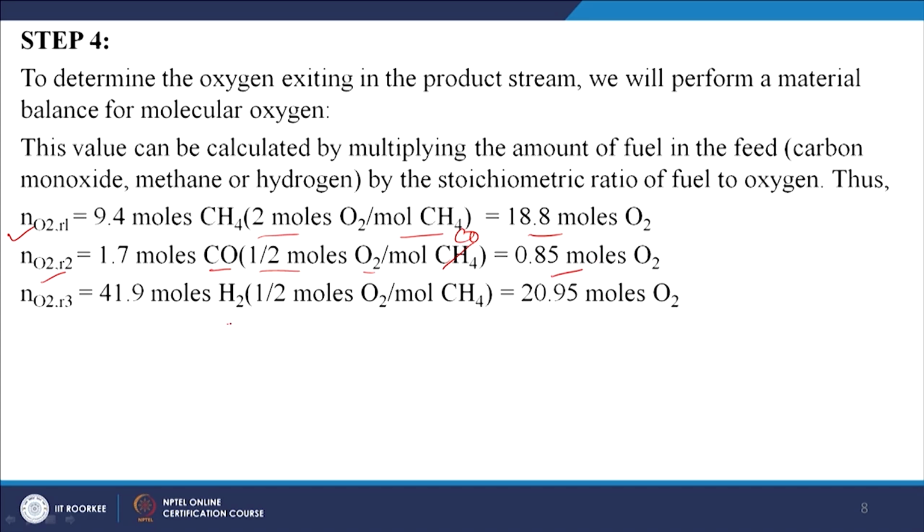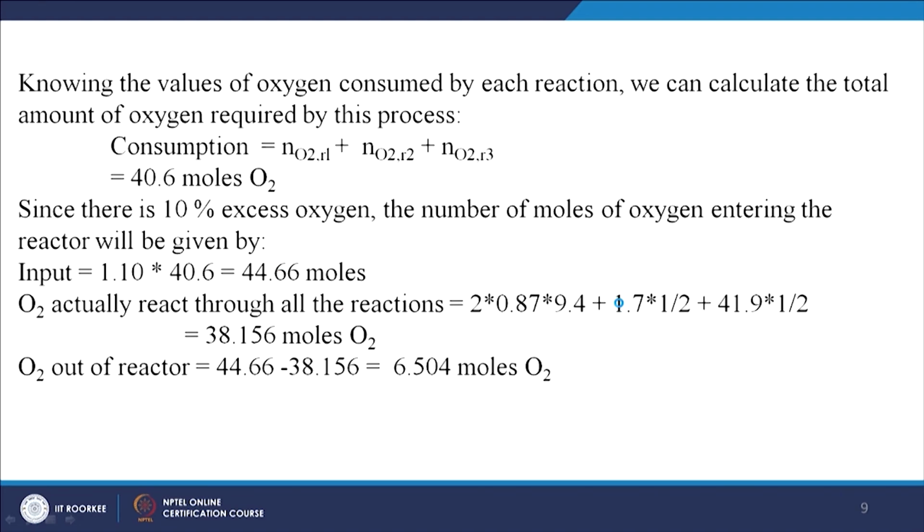And then for the hydrogen to H2O production we need oxygen, half a mole of O2 for one mole of hydrogen. Hydrogen is present 41.9 and all hydrogen is converted. So, half of 41.9, that is 20.95 moles of oxygen is required for this reaction. So, what will be our total oxygen consumption?